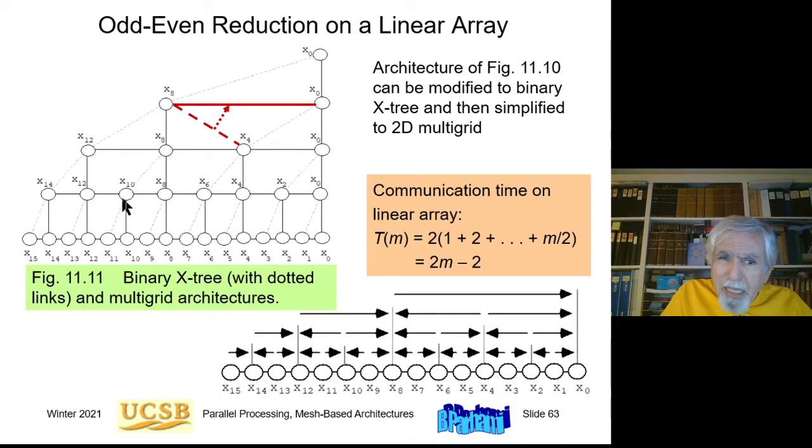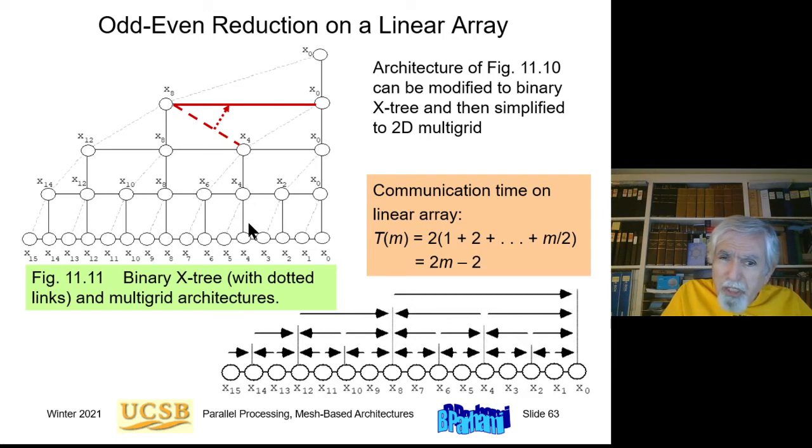Then in the next step, every other processor will be active. Okay, so in the next step, X0, X2, X4, X6 will be active. And then communication between them, instead of being in one step, as was the case there, will be in 2 steps. So from here to here, the 2-step communication process, and 2 steps in this direction.